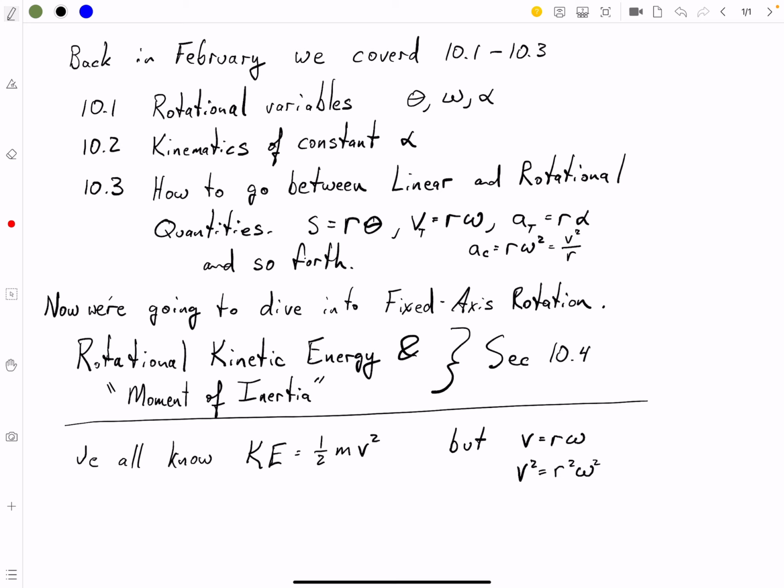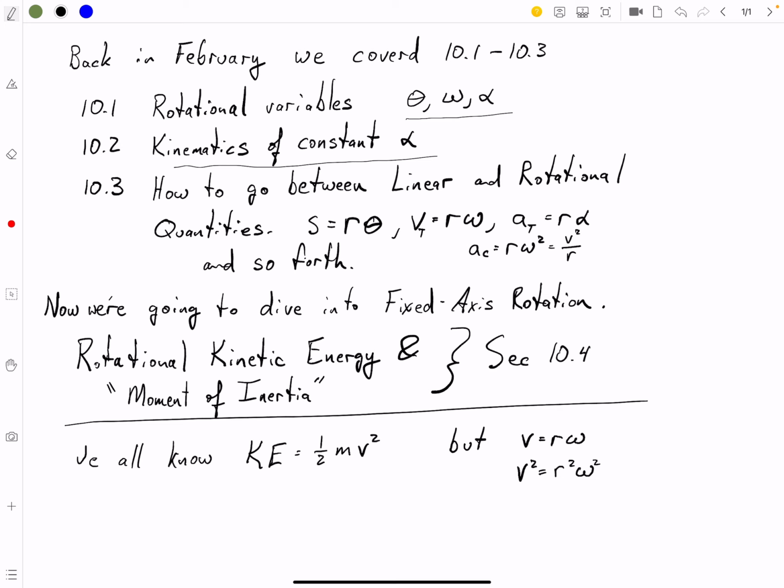Back in February we covered 10.1 to 10.3, and just so I can remind you, in 10.1 we were just talking about the rotational variables. In 10.2 we talked about the kinematics of a situation where alpha is constant in a rotation.